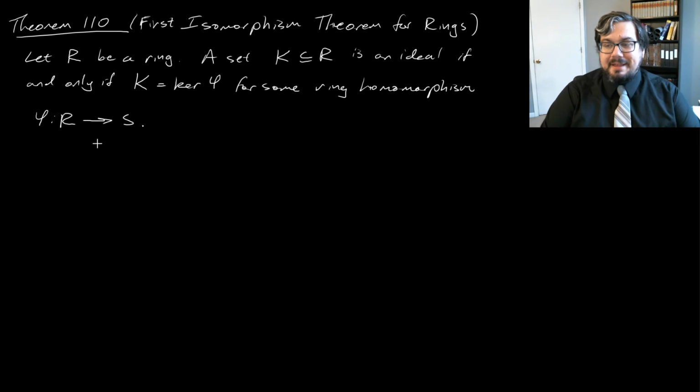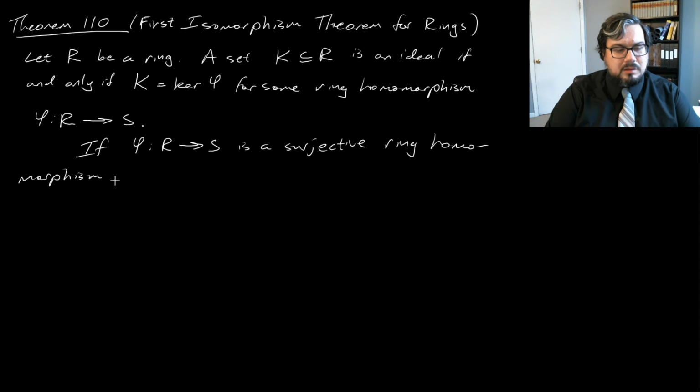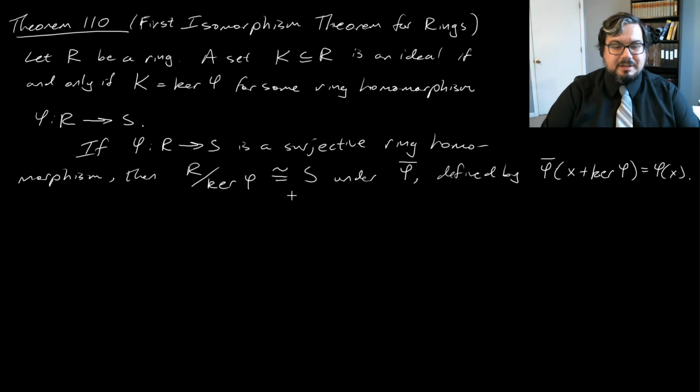So we've got that result first, and then second we have that if phi from R to S is a surjective ring homomorphism, then the factor ring R mod the kernel of phi is isomorphic to S under the isomorphism phi bar, defined by phi bar of x plus the kernel of phi equals phi of x.